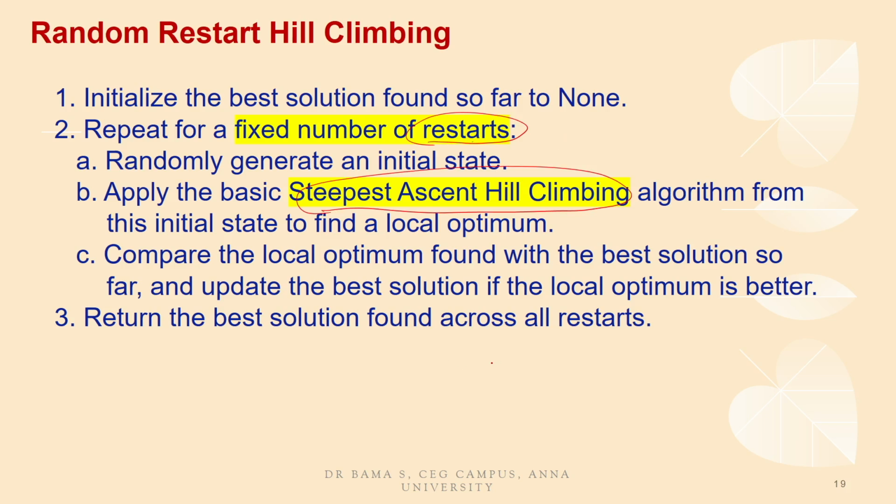Suppose we restart 5 times, we will get 5 different local optimum answers, and out of these 5 local optimum answers, we will choose the best solution. So, the idea here is for a fixed number of restarts, we use the steepest ascent and compare the local optima from all the restarts and get the better option.